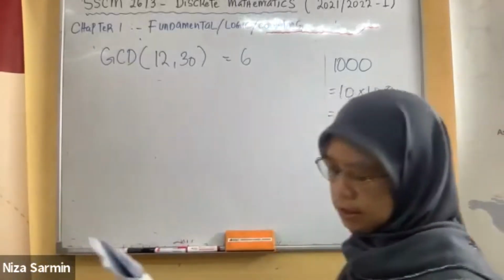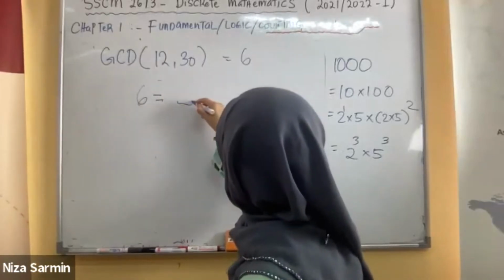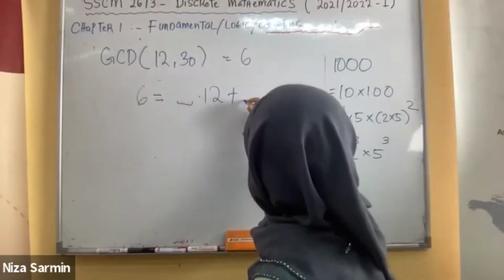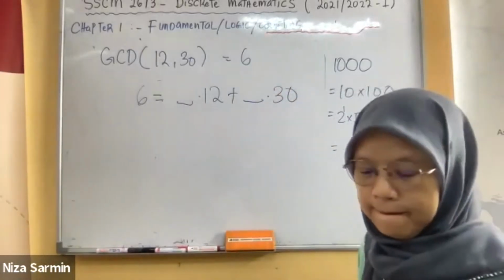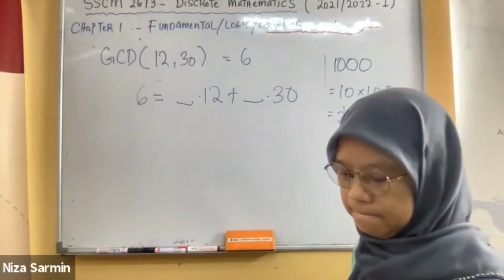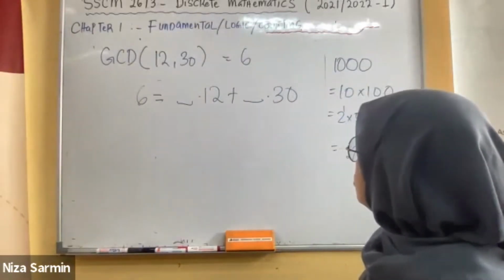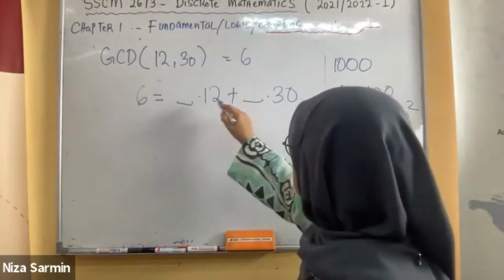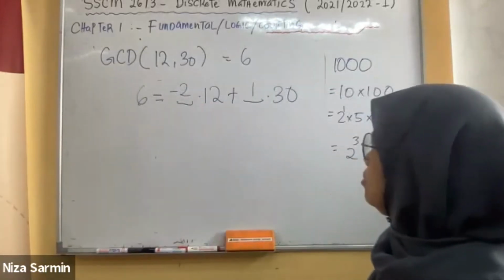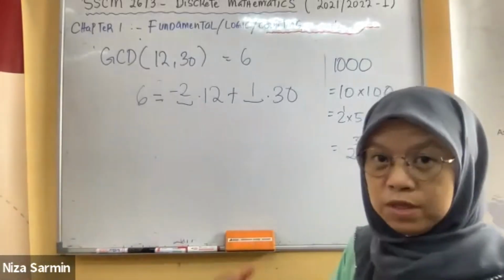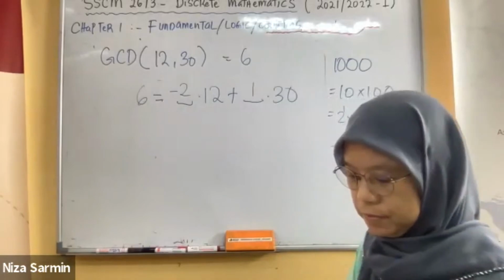Since this is 6, you can write 6 equals something times 12 plus something times 30. So easy, right? This is just negative 24 plus. So with this GCD, you can always write this equation.